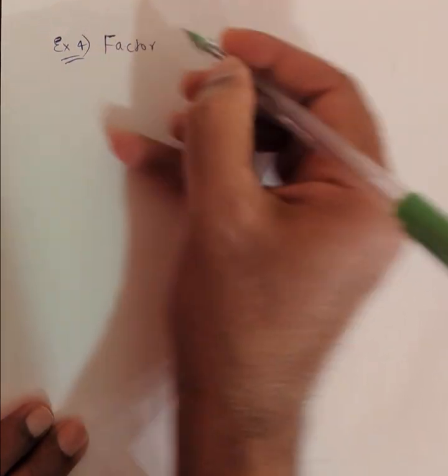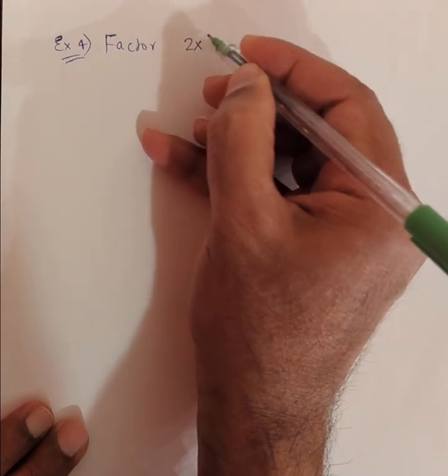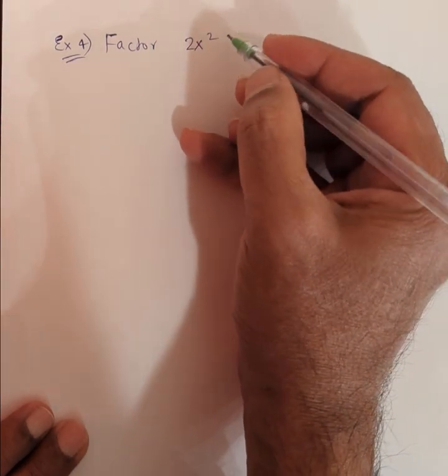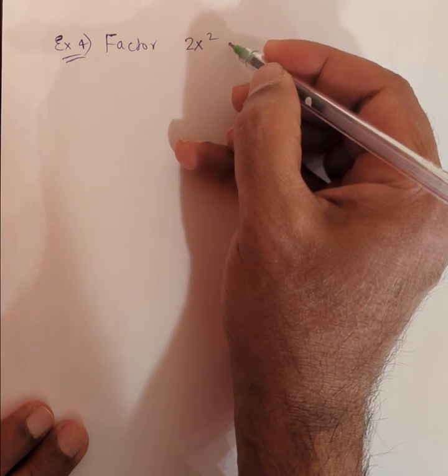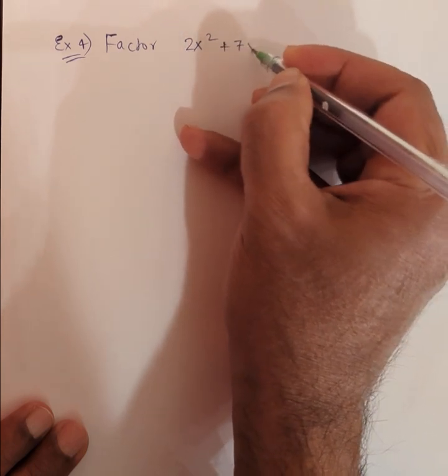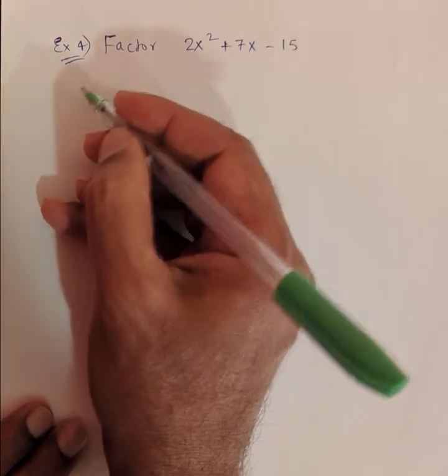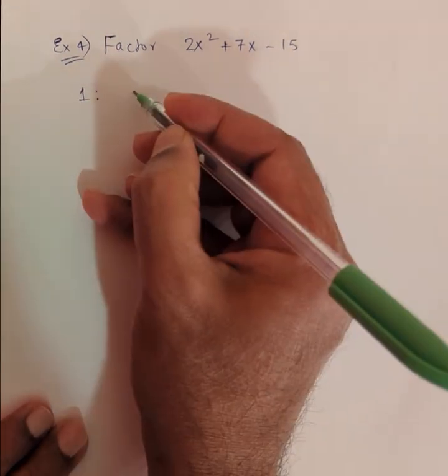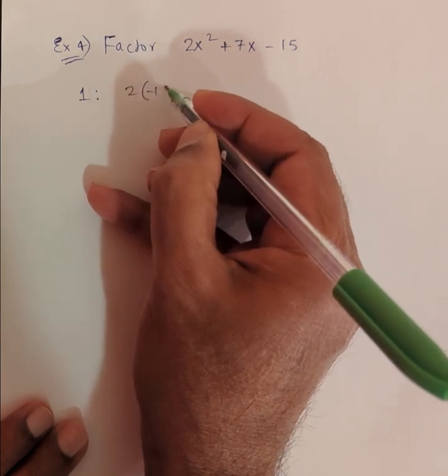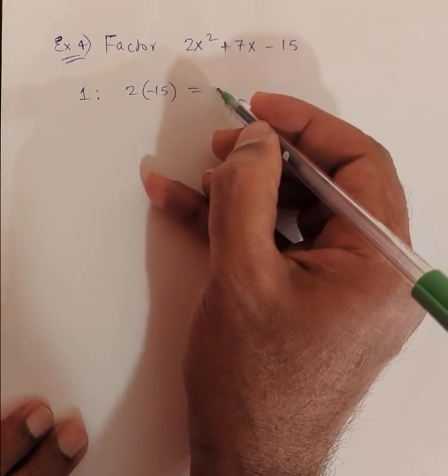Factor 2x squared plus 7x minus 15. All right, so first step, you multiply 2 times -15 and you get -30.